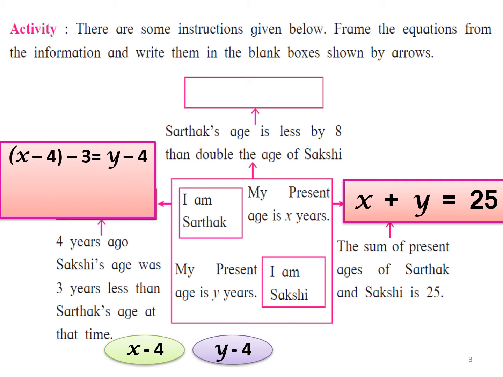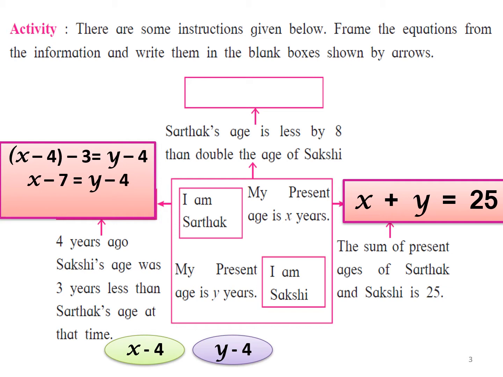So I'll open up the bracket. So X minus 4 minus 3 is equal to Y minus 4. Minus 4 minus 3, minus and minus is plus. So 4 plus 3 is 7. That is why X minus 7 is equal to Y minus 4.